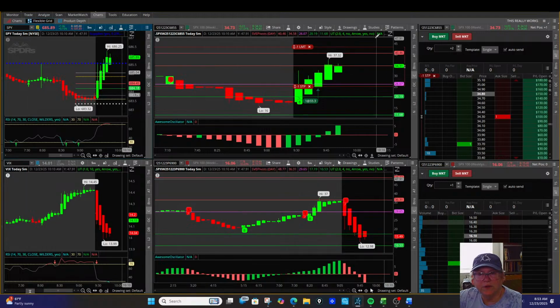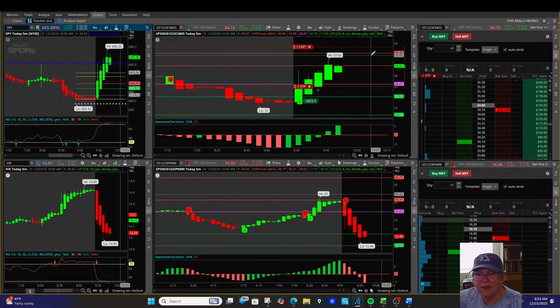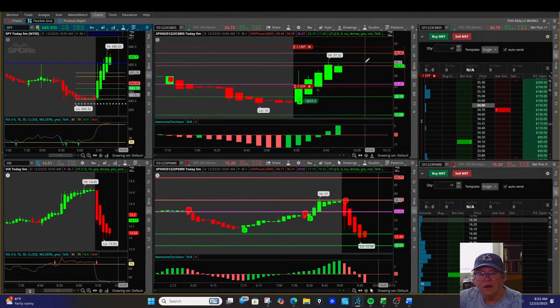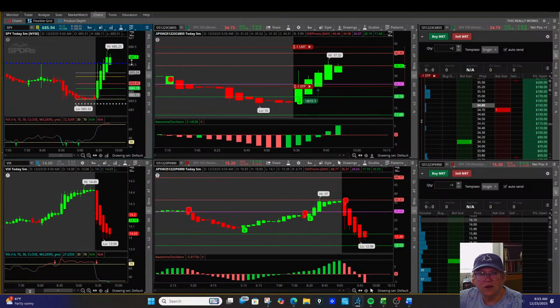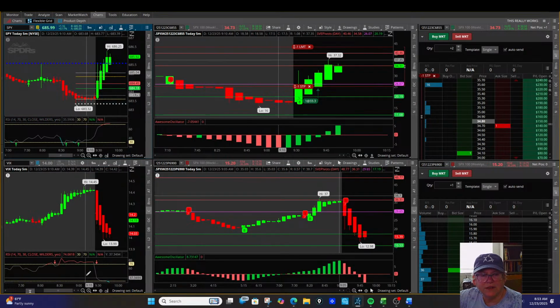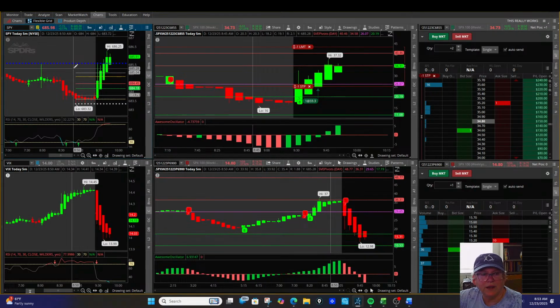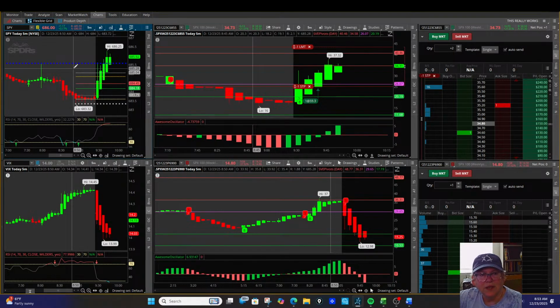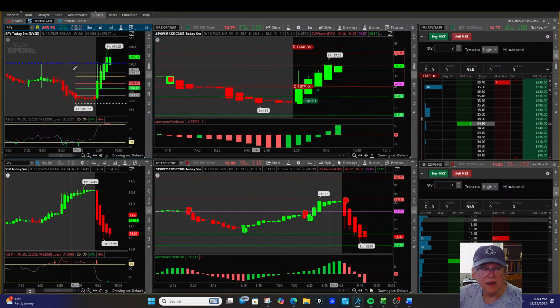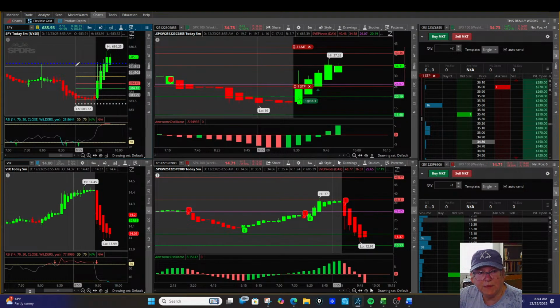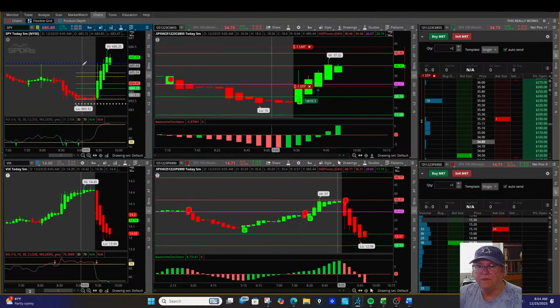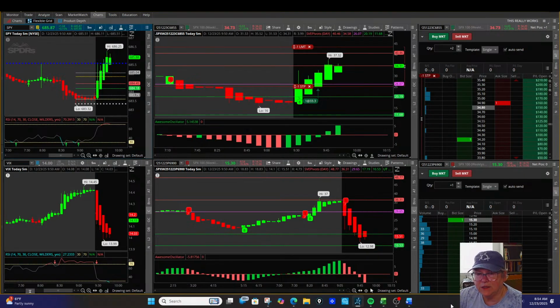It's a little bit different. I have over here the SVE pivots. And over on the SPY, not the VIX, because it can't calculate that, I have the suppress indicator.